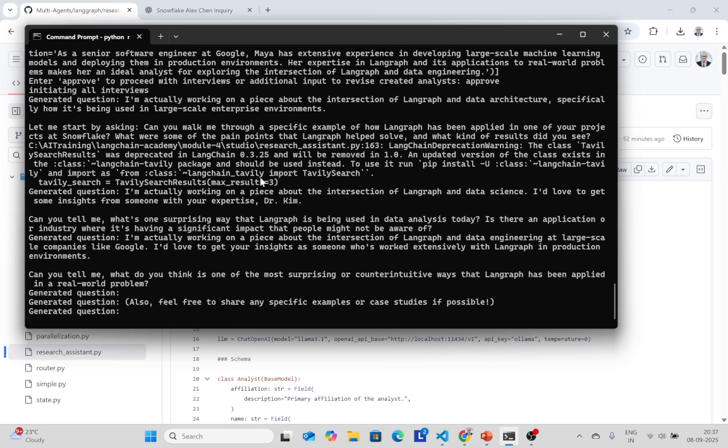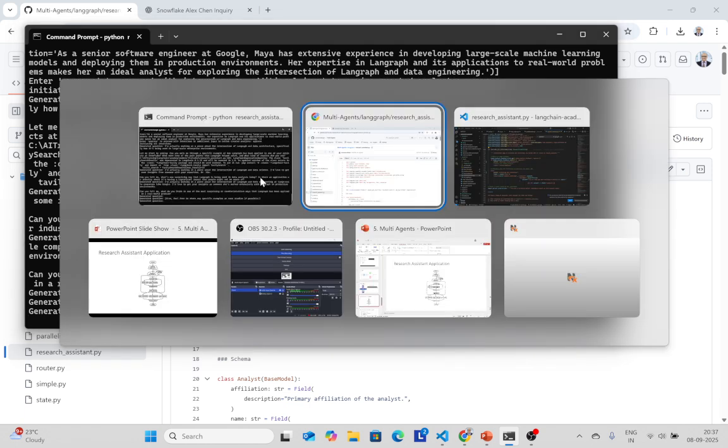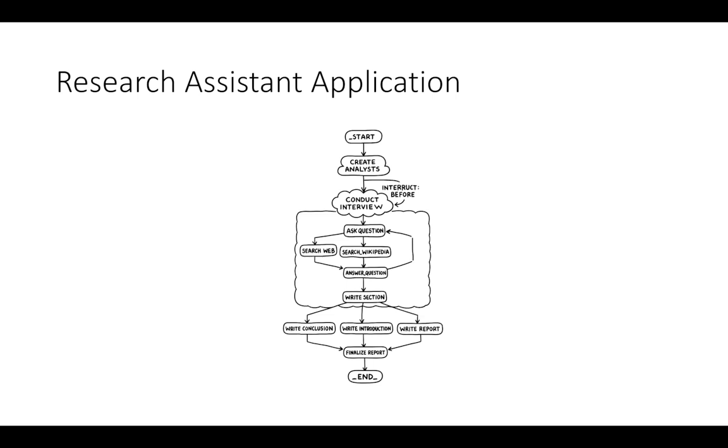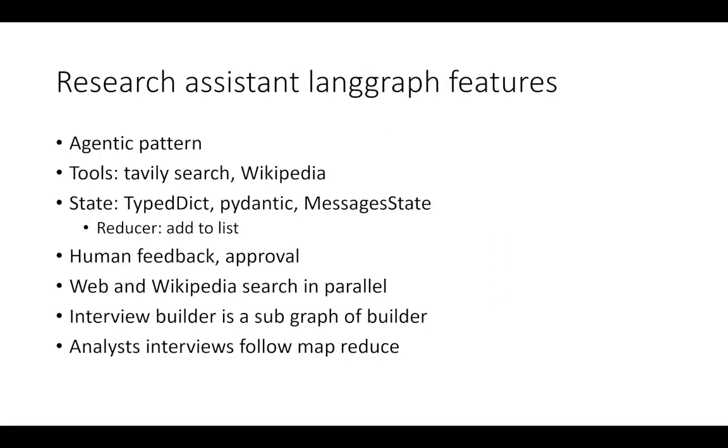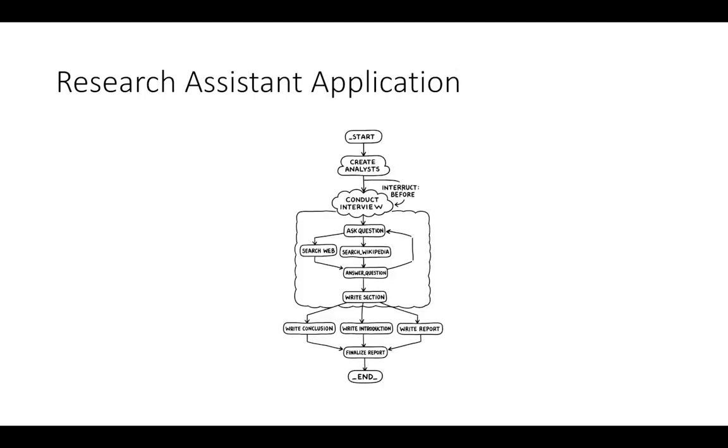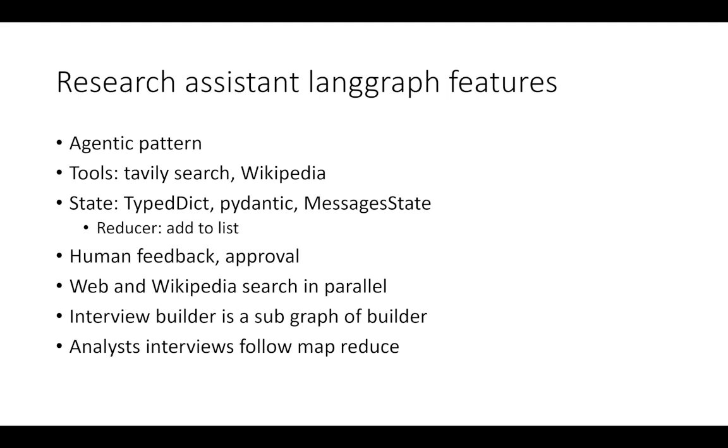Feel free to modify, right? And good luck. I hope you enjoyed this application of LangGraph, which is using a lot of features that we learned from LangGraph, and we're wondering how they are useful in the real world business application.